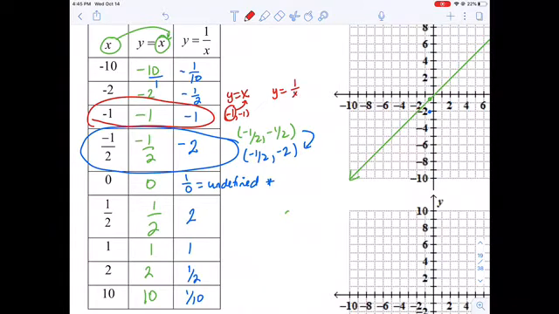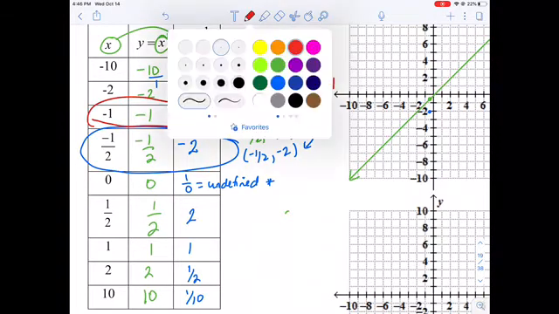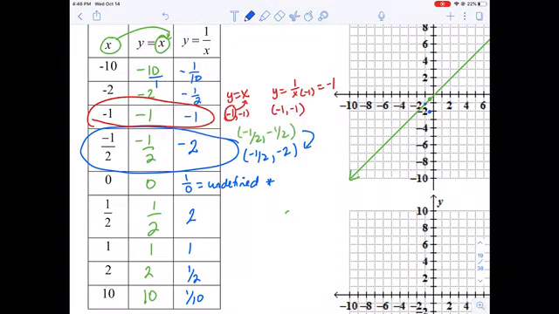On y equals 1 over x, if x is -1, y is still -1, because 1 divided by -1 is still -1. We call these points invariant points, because when x is -1, y is -1, right here is an invariant point. And let's do our reciprocal function here in blue.